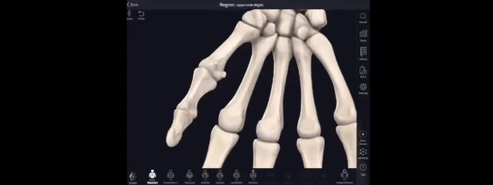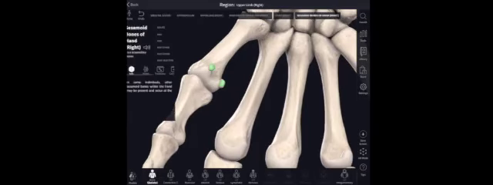So that's about the structure that I want to introduce. And is there anything else? Oh, this little guy right here, we also have sesamoid bones, much like what we saw at the bottom of our feet, and that are located on the first metacarpal.